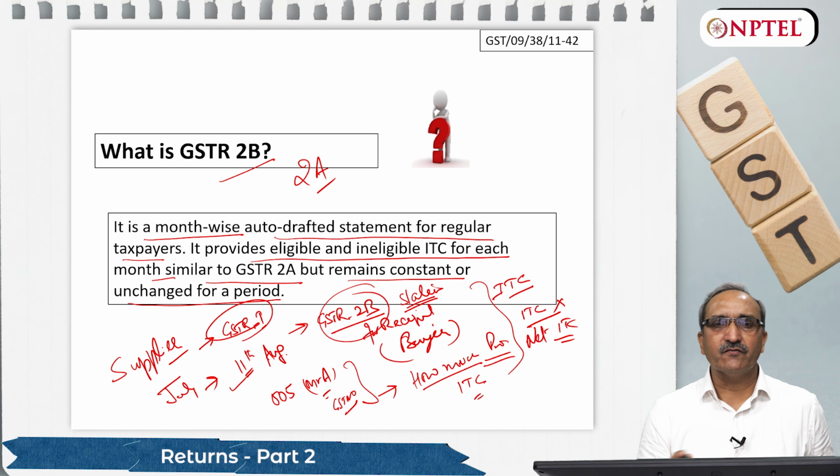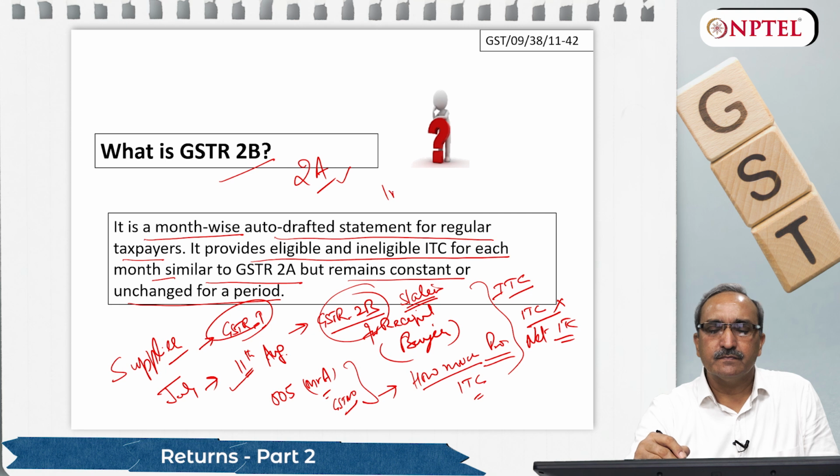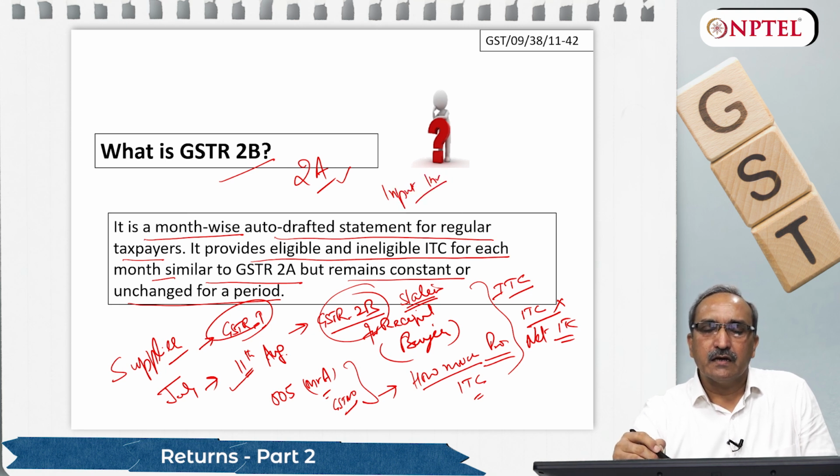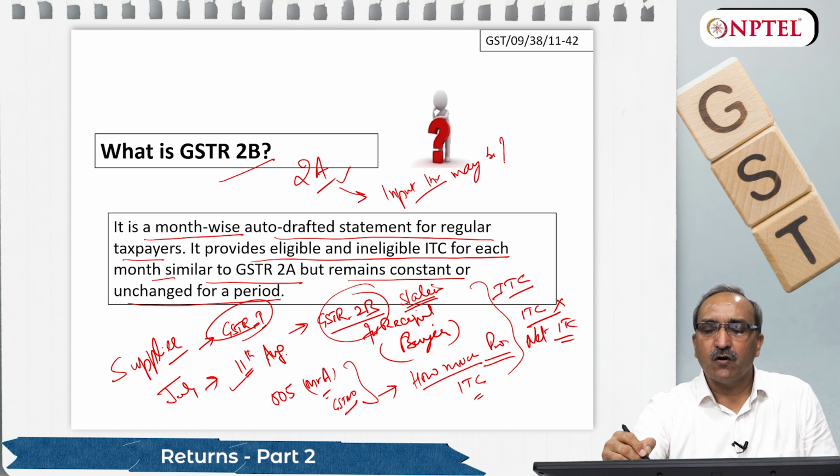So friends, there is a difference between 2A and 2B. In 2A, my input invoices may be for any tax period.